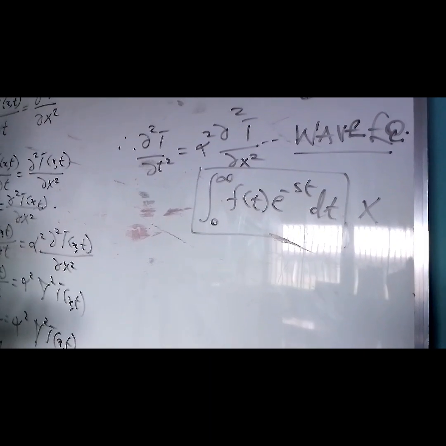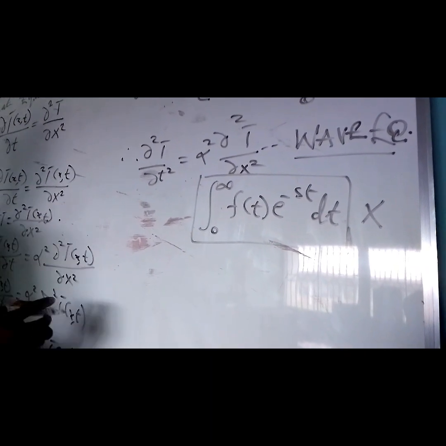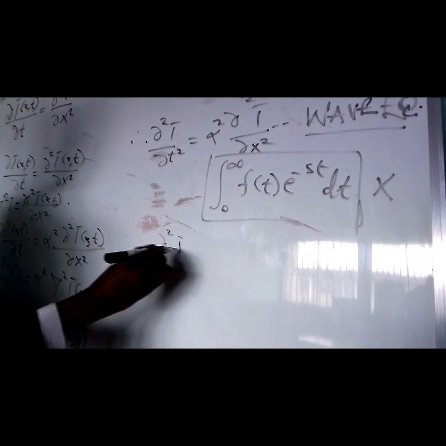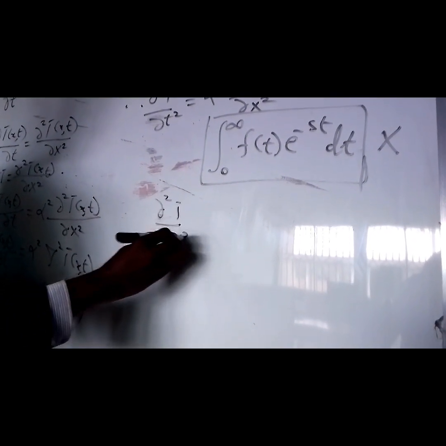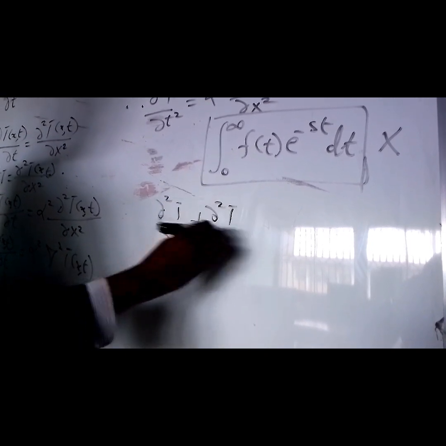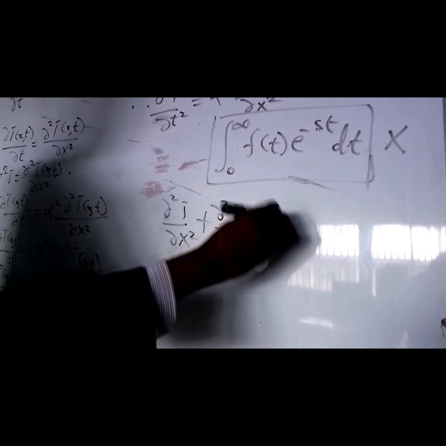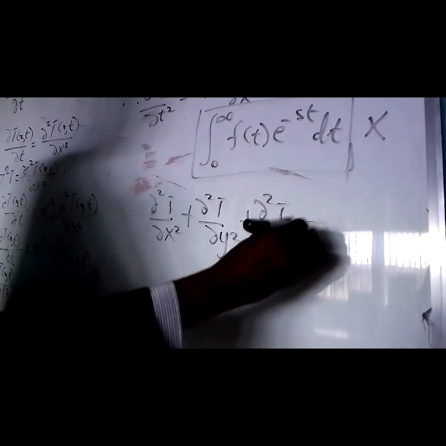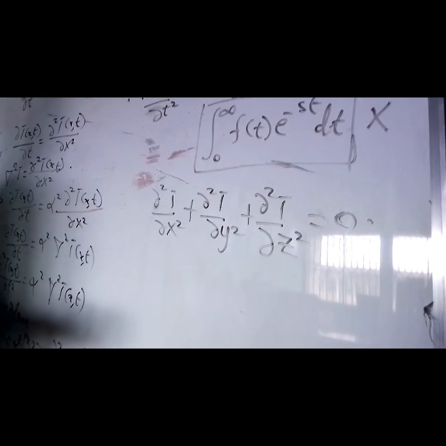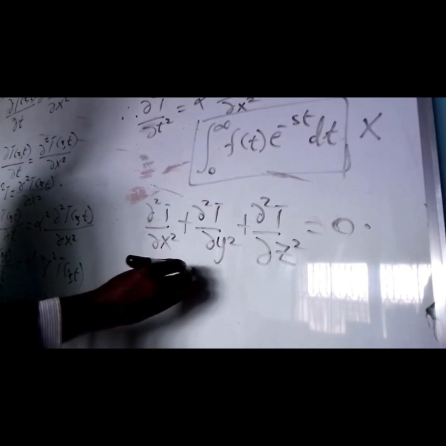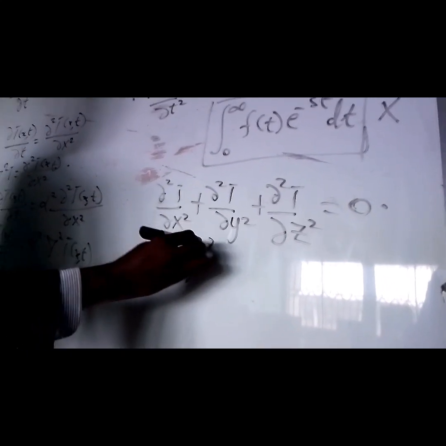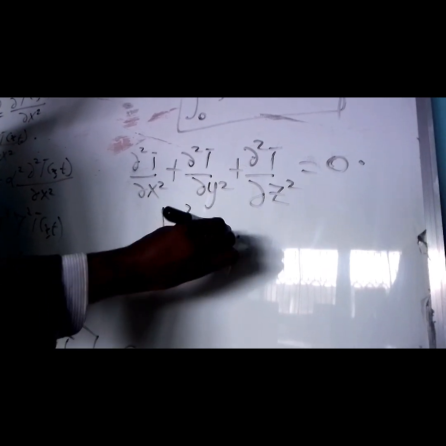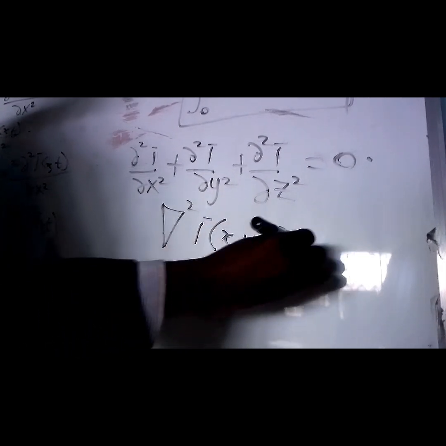In Laplace's equation model, it is connoted on a three-dimensional plane as partial square t with respect to partial x squared plus partial square t with respect to partial y squared plus partial square t with respect to partial z squared is equal to 0. And of course, this can be called nabla square of t, function of x, y, z, equal to 0.